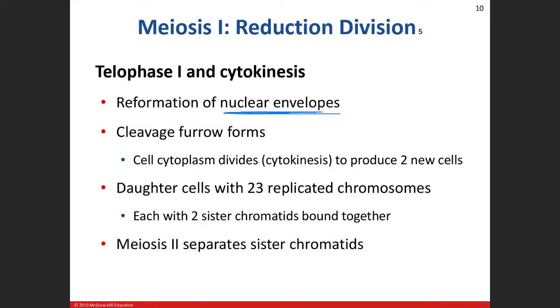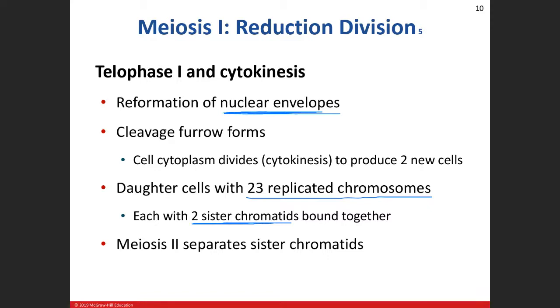And so the daughter cells now are going to have 23 original chromosomes, but also 23 replicated chromosomes. So we'll still have the 2 sister chromatids because they're bound together still.